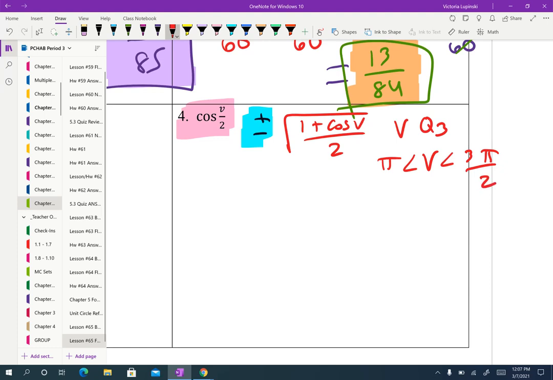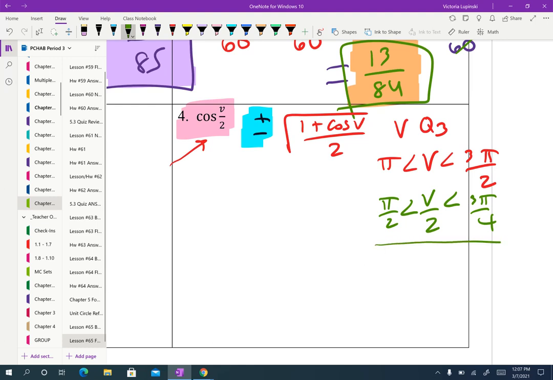And again, if you look at quadrant 3, those are the two quadrantals between which v lies. This problem, when you're doing v over 2, is no longer asking about v, it is asking about v over 2. So if you take v and divide it by 2, you have to divide each of the bounds by 2. So this pi becomes pi over 2, and this 3 pi over 2 becomes 3 pi over 4.